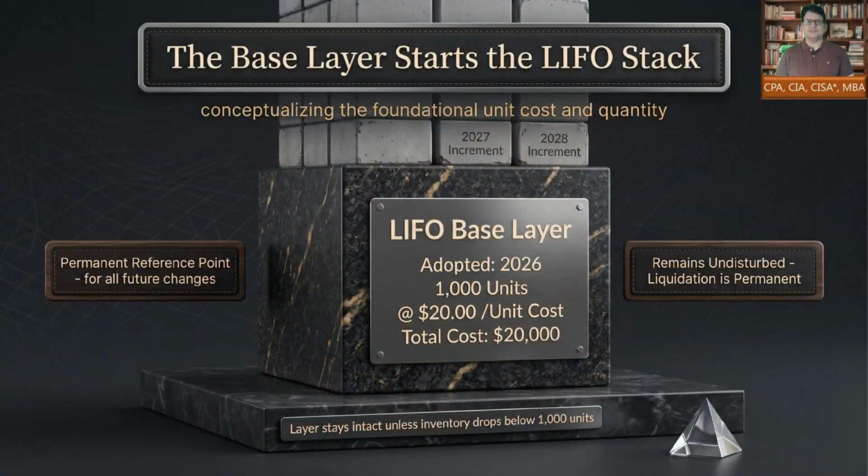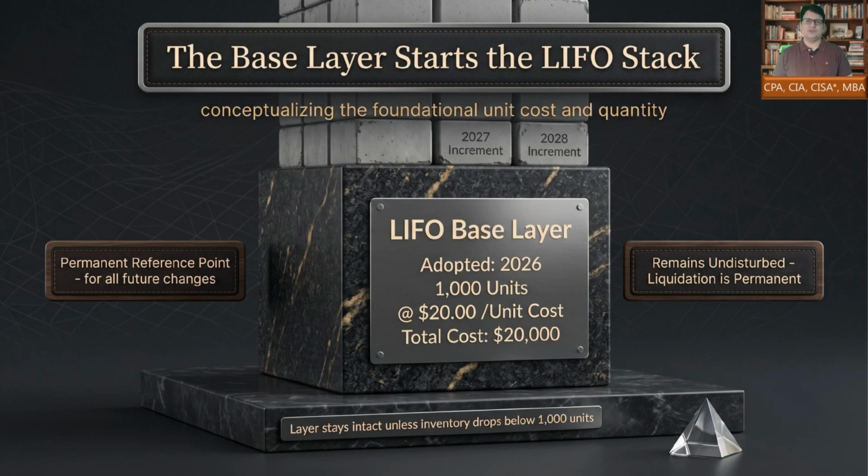The base layer starts the LIFO stack. When a company first adopts LIFO, the ending inventory at that adoption date becomes the base layer. In the slide example, the adoption year is 2026. Ending inventory is 1000 units. The unit cost is $20. So the base layer cost is 1000 multiplied by $20, which equals $20,000.